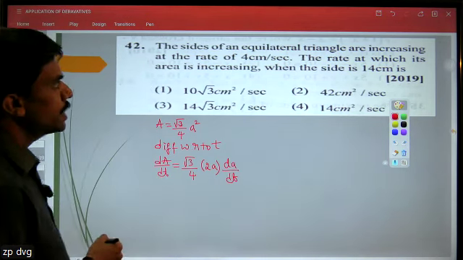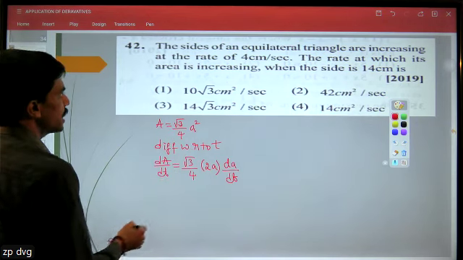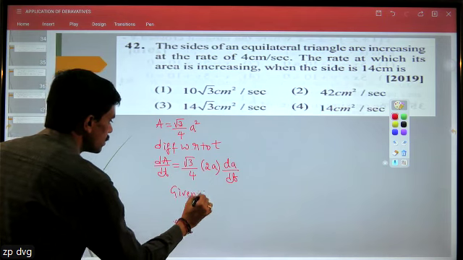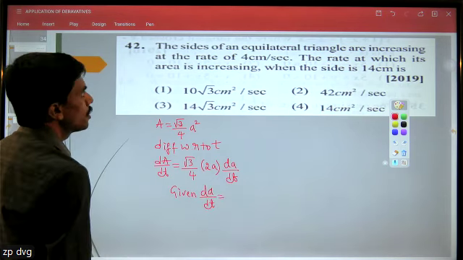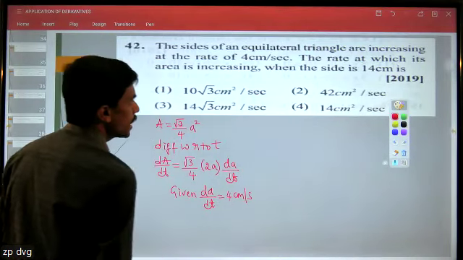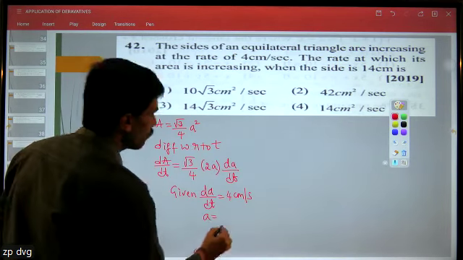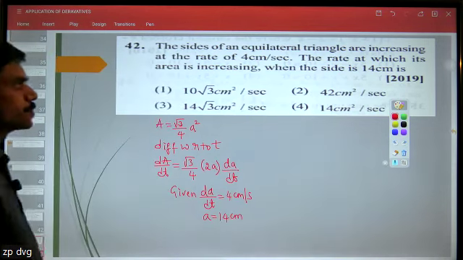They given that the rate of change of side da by dt is 4 centimeter per second, and also that the value of a is equal to 14 centimeter.